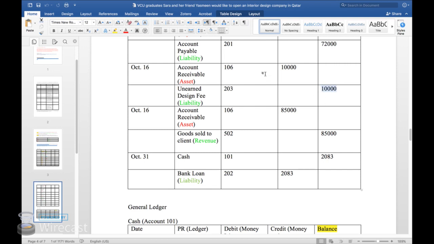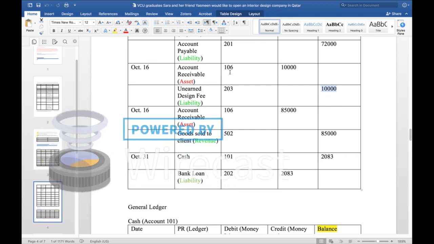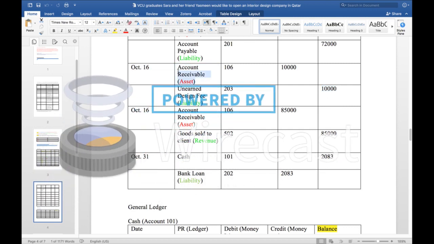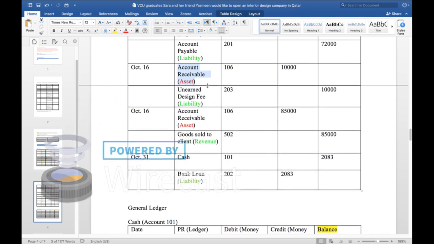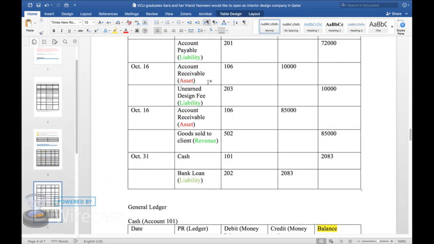So in this transaction, although we haven't received the money and haven't done the work, there is a transaction because in the future the money will come in. This is accrual accounting, not cash accounting. Whenever there is a transaction, it is recorded whether the cash comes in or not.